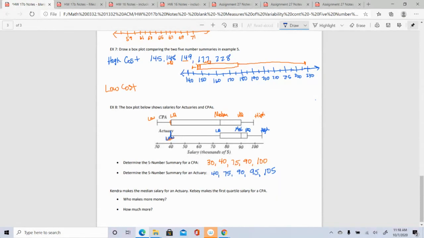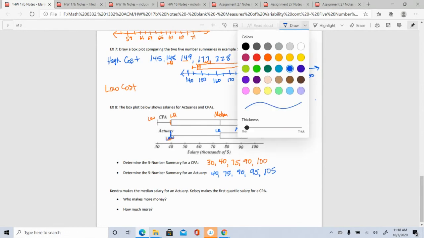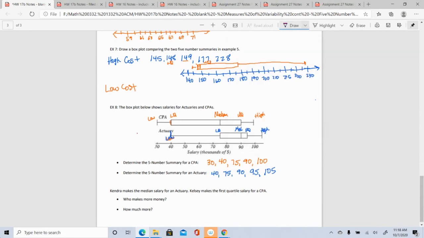Okay, but it says Kendra makes the median salary for the actuary. So which one is the actuary? The actuary was the second one here. So Kendra makes the median salary. She's at the median salary here. This is Kendra.